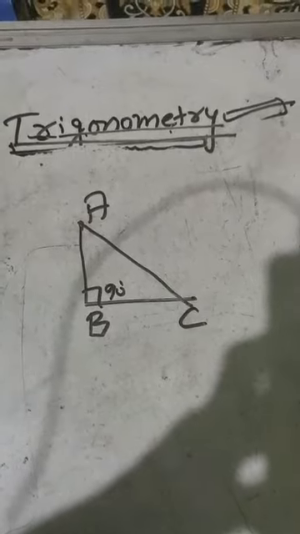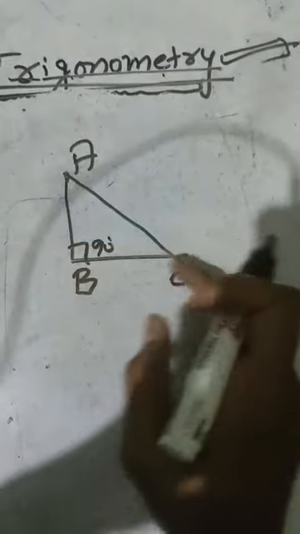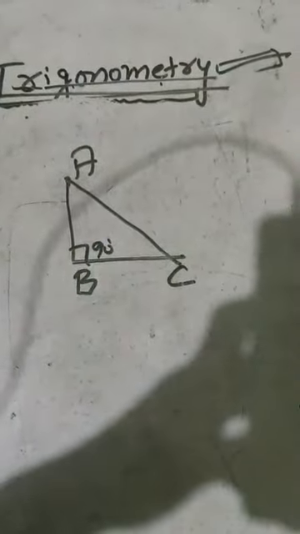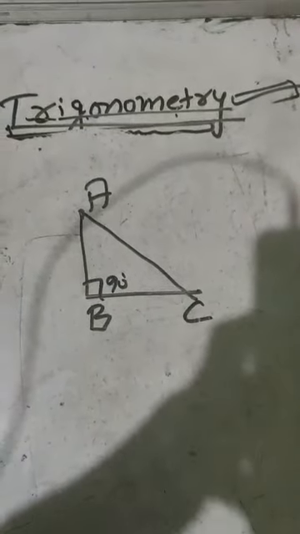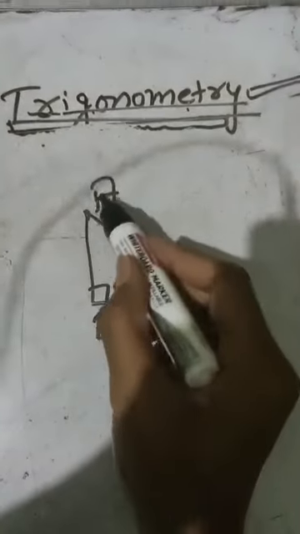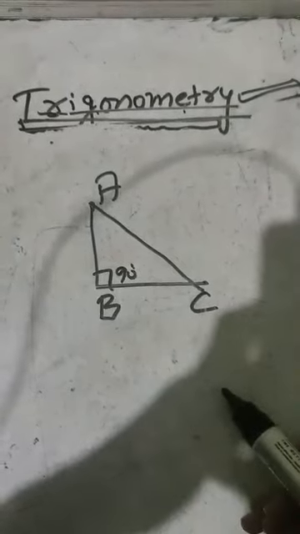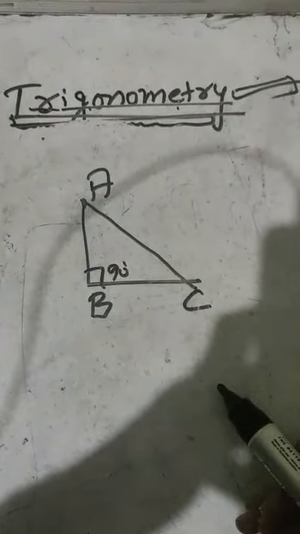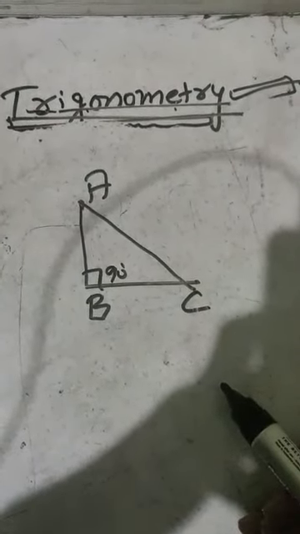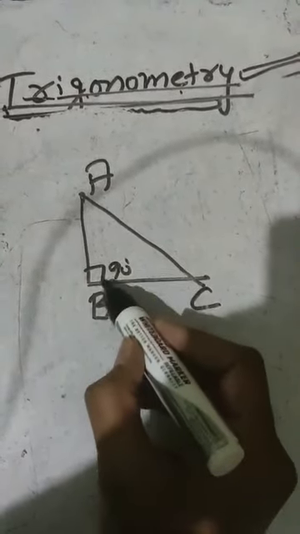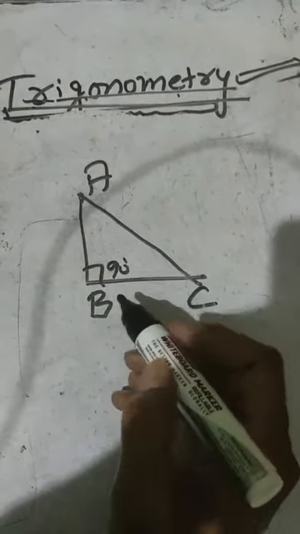We know that in a right angle triangle, here we have right angle triangle ABC. Then what is the hypotenuse? Already we know that the hypotenuse means the side which is opposite to the right angle.